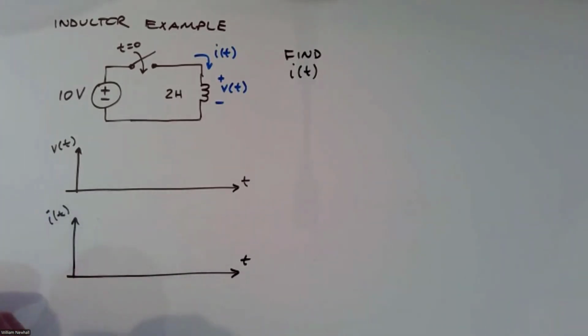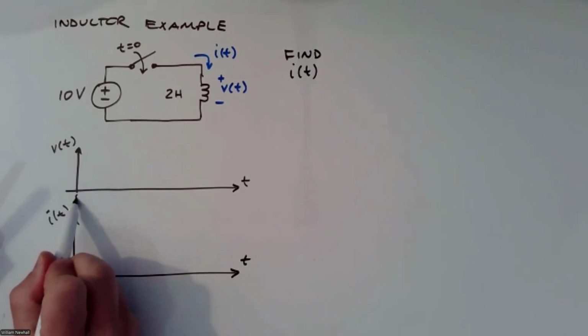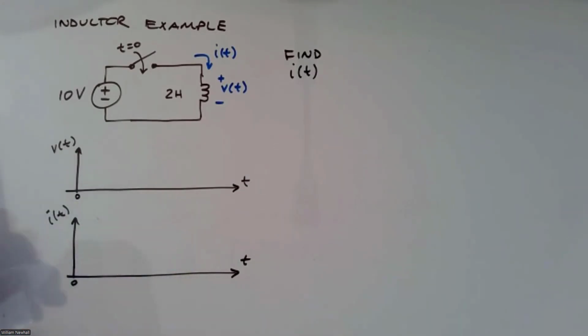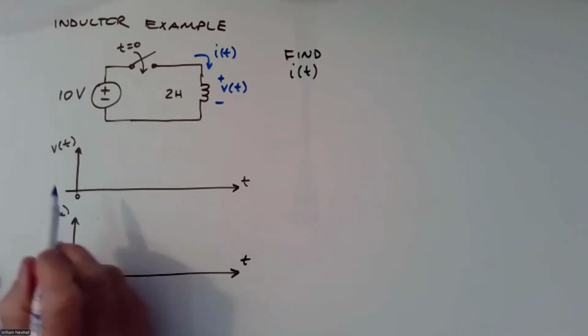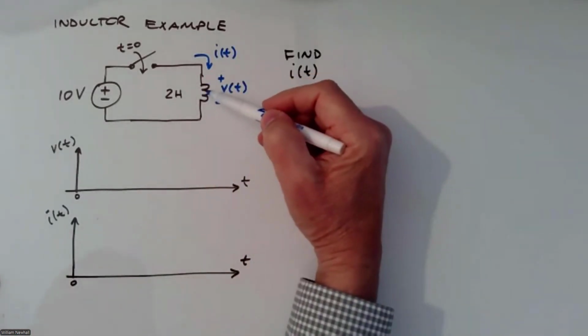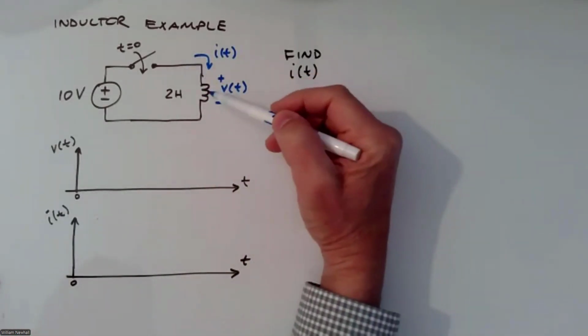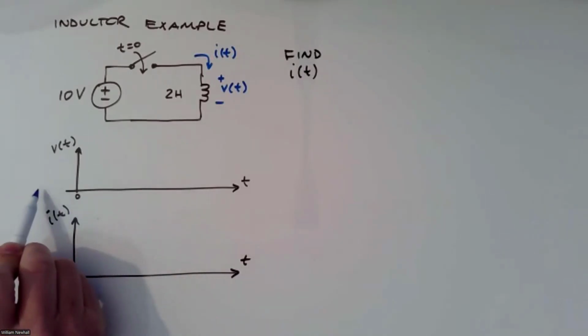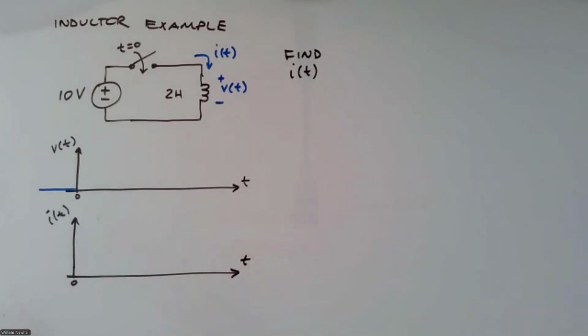Okay, and let's plot out what the voltage is. So this is time 0 right here, t equals 0. Before t equals 0, we have one end of the inductor left hanging. There's no current, there's no voltage, so V of t is 0.